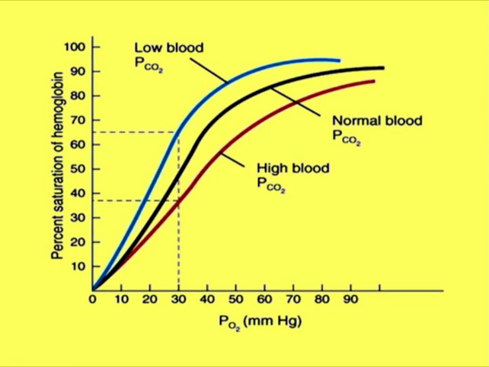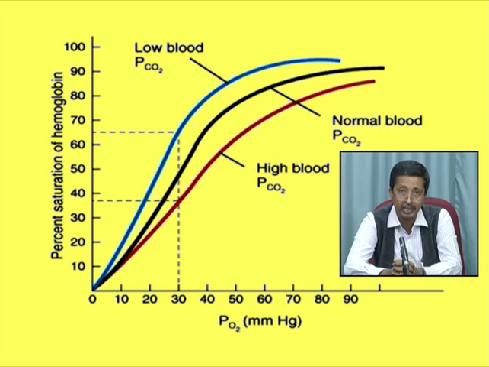Another factor associated with the saturation of hemoglobin with oxygen is the partial pressure of carbon dioxide. When the partial pressure of carbon dioxide is low, the saturation of oxygen with hemoglobin is high.